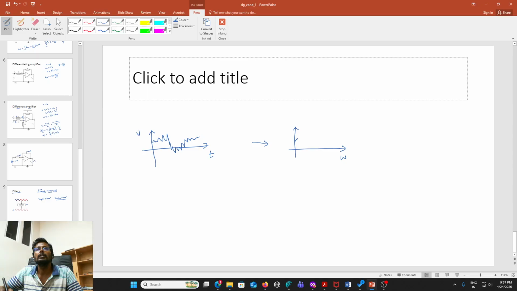Then, for example, if these signals corresponding to the high frequency are the noise, then you just chop them off and remove all these things, or you make them zero. And then once again you convert that into the time domain, so that you will get a smooth signal. That's one way of doing filtering.